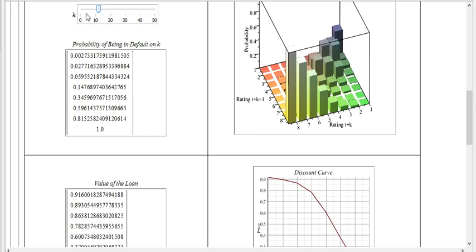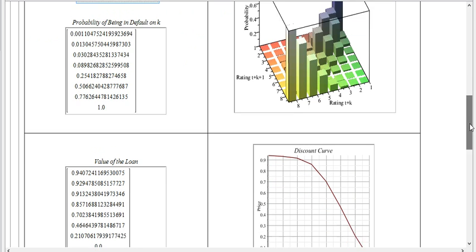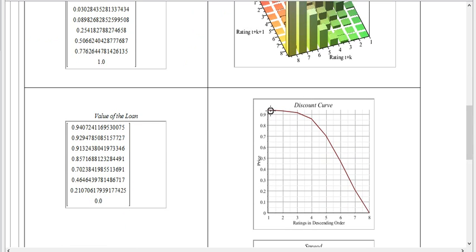Look at this. I'm going to go to shorter maturities, and in that case, the probability of default is very, very small, even in bonds rated in the fourth and fifth steps. Then, as we move further into the future, then this gets really steep.